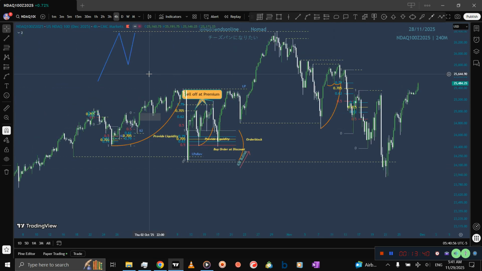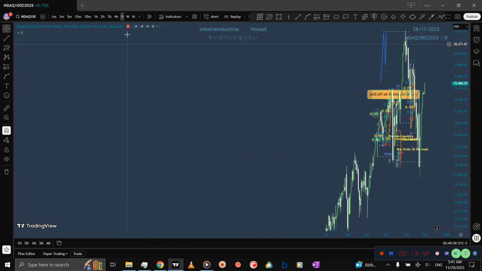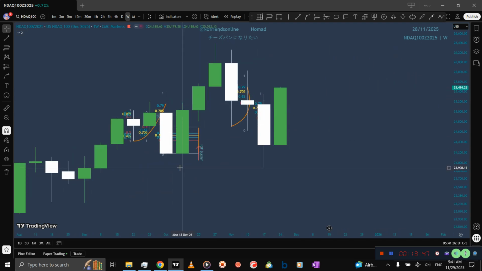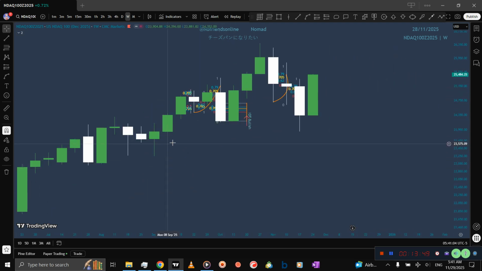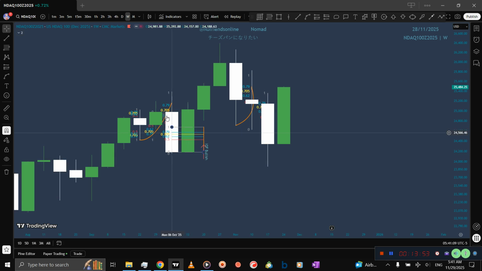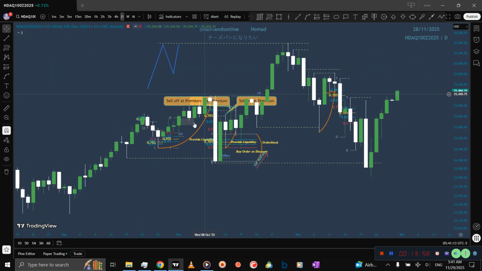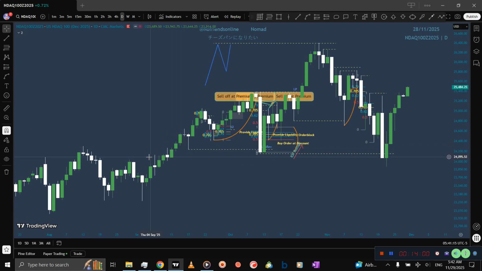And after that, if you look at weekly, we put our buy orders right here.